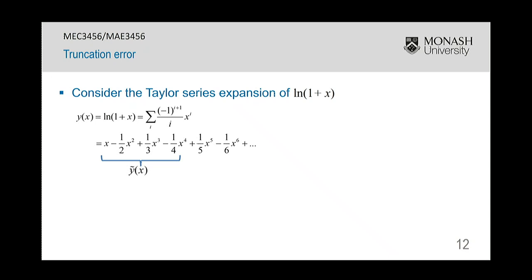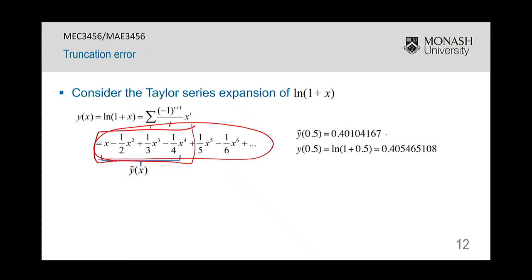Another example, let's look at the Taylor series expansion of the log of 1 plus x. I'm not going to go through this in detail, but you can easily show that log of 1 plus x is equal to this thing here. Let's just look at the expression where we take the terms up to the power of x to the 4th. That gives us this value here. If we actually look at the exact value, it's slightly different, 0.4054 versus 0.4010.